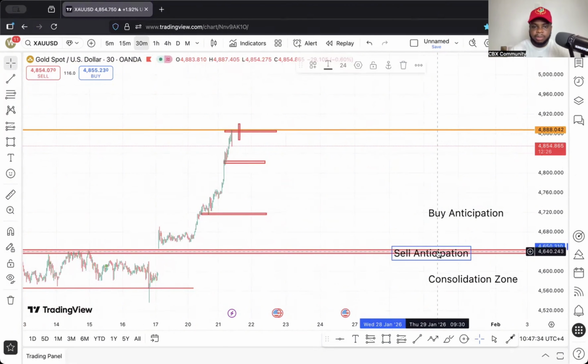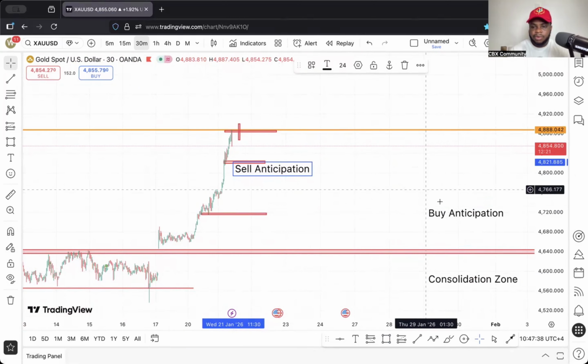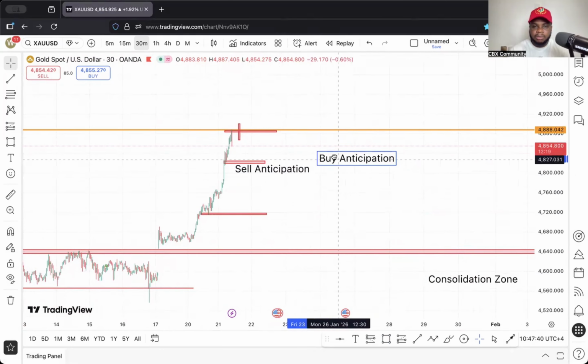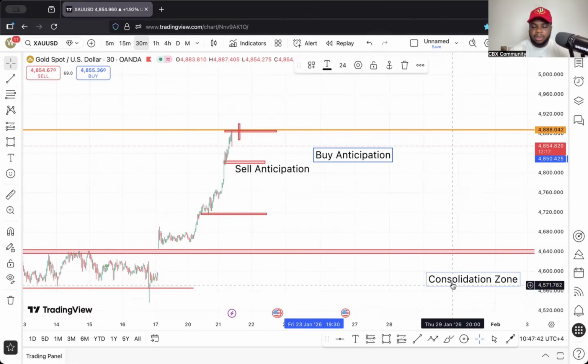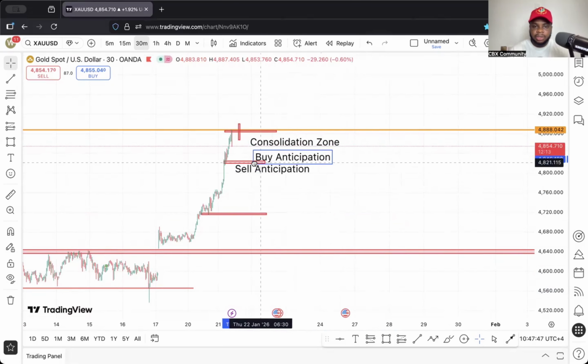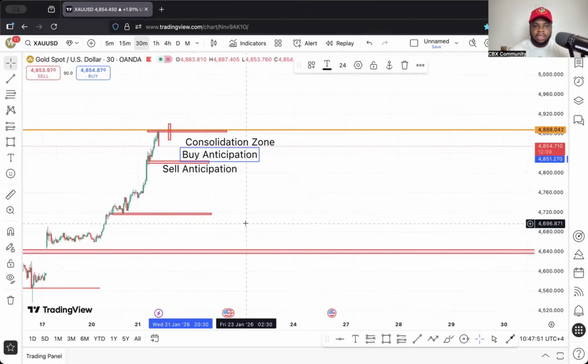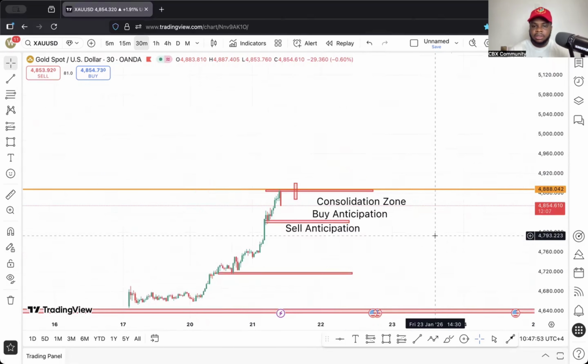So our sell anticipation is here. And then our buy anticipation, let's just keep the buy and the consolidation zone until the close of that bearish candle, because we need a confirmation that that is our recent resistance.